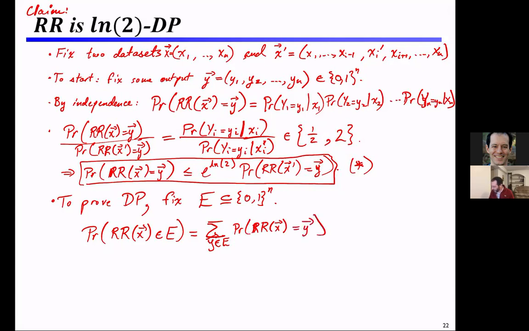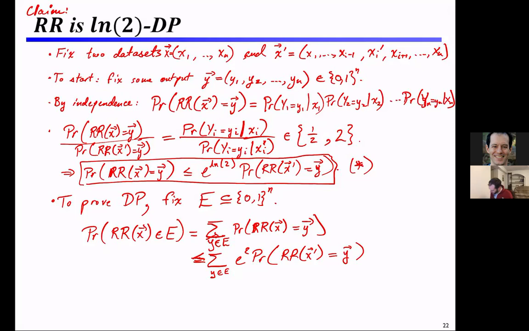And now by star, that is at most e to the epsilon times the sum, over E, of the probability that we get this string on input x prime.